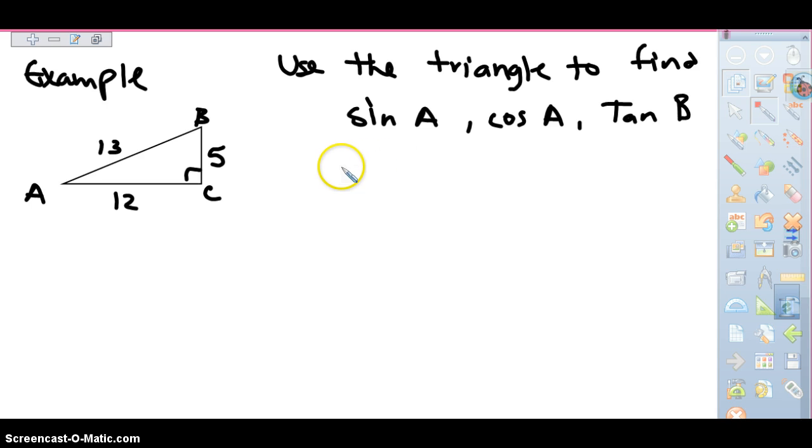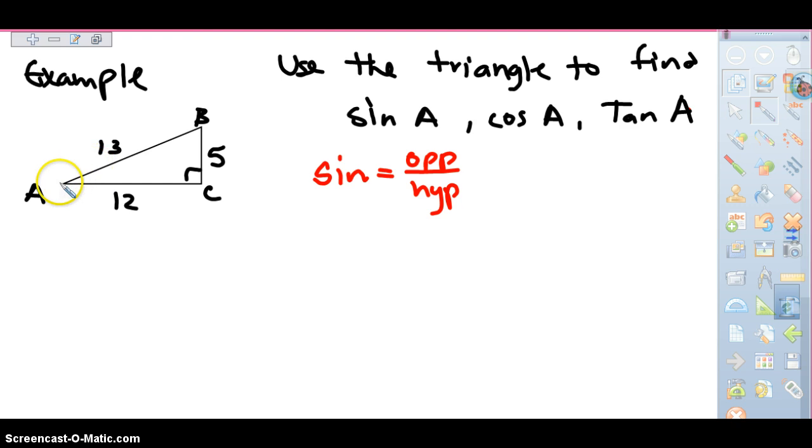Use a triangle to find sine of angle A, the cosine of angle A, and the tangent of angle B. Let's change this to find the tangent of angle A also. So the formula for sine is equal to the opposite side over the hypotenuse.